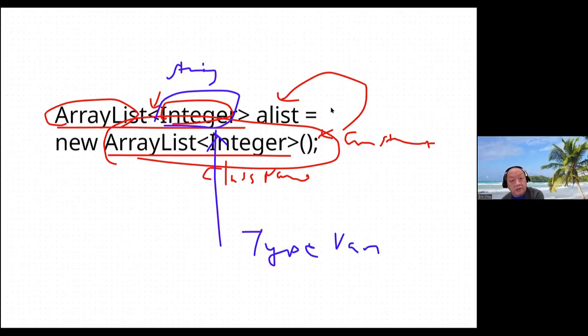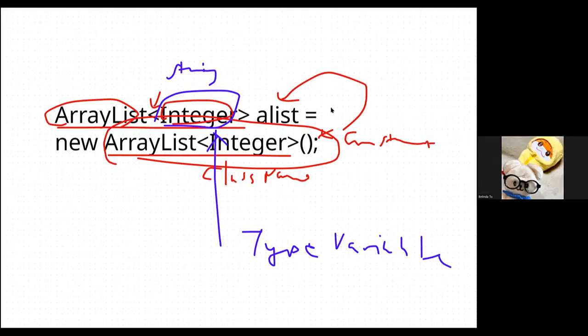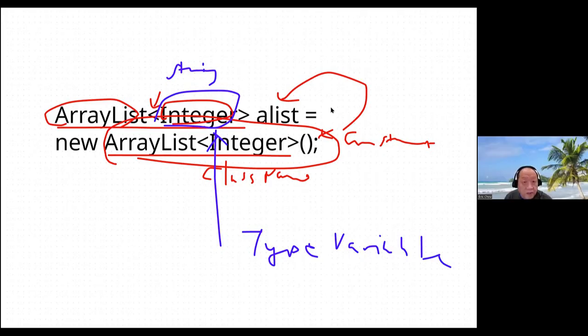You can put different things into it. When you put the integer there, it's called ArrayList of Integer. Type variable means you can assign different types to it. It can be Integer, Double, anything that is a reference type. Is that okay so far? Okay, so this is a basic idea of how to create an array list.